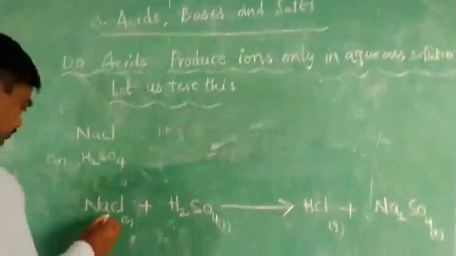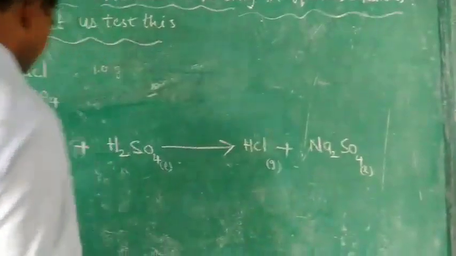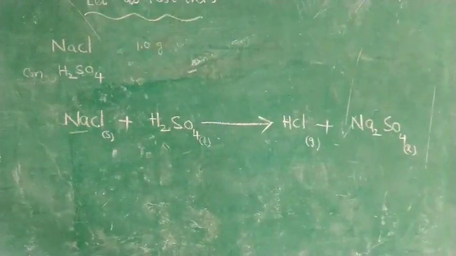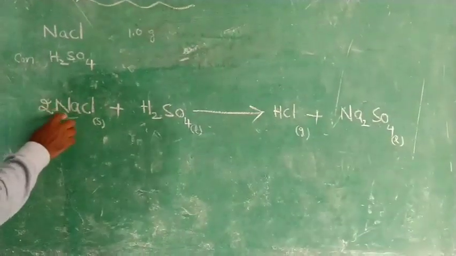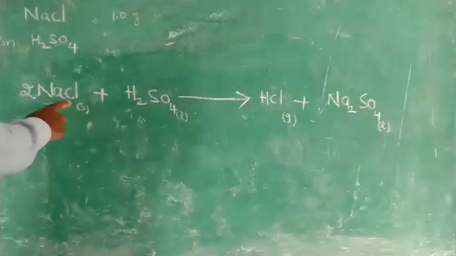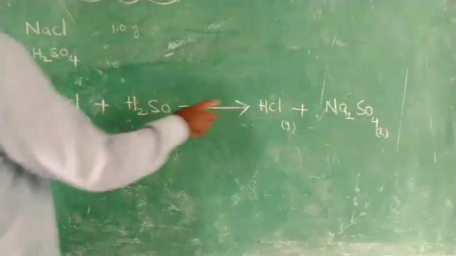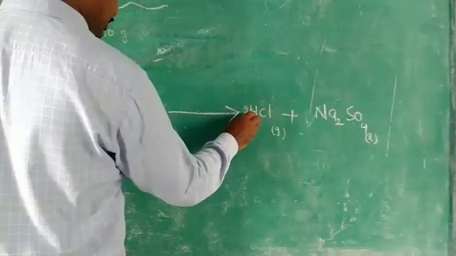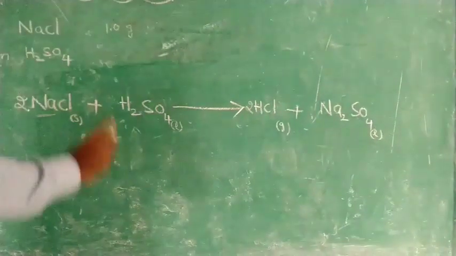How many sodiums are there here? 1 here, and 2 there, so write 2 here. 2 sodium and 2 sodium is balanced. Now how many chlorines? 2 chlorines there and only 1 here, so write 2 here. Now 2 chlorines, 2 sodiums, it is balanced.